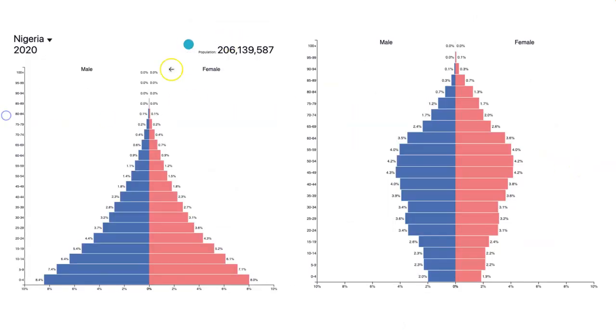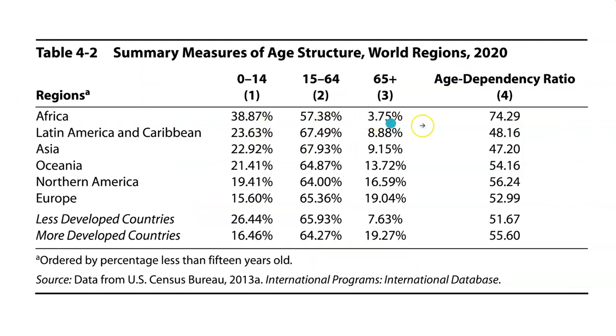In this part, these will be a little bit challenging. Based on this number, in quizzes, like a weekly quiz or others, I would try it this way. This age dependency ratio could be calculated as 38.87 plus 3.75 for 0 through 14 and 65 plus.